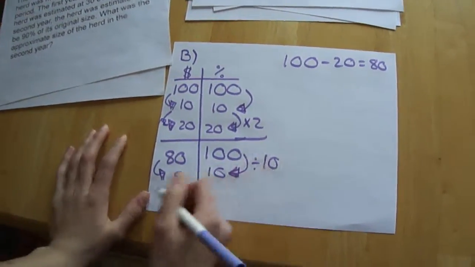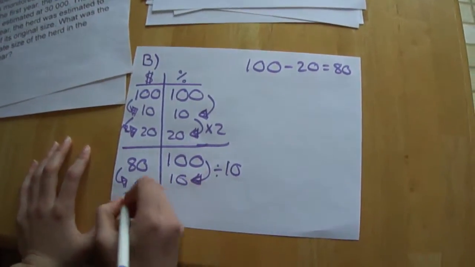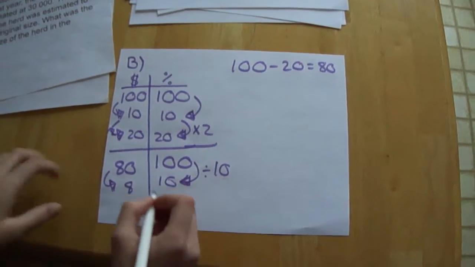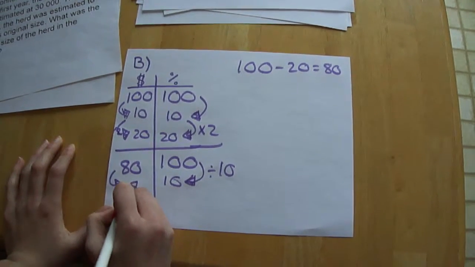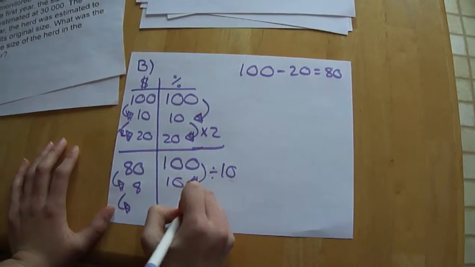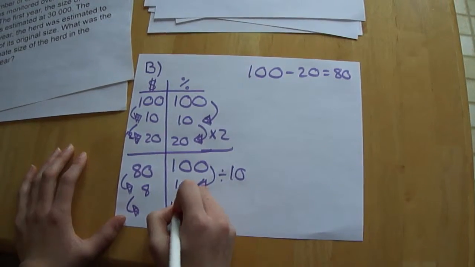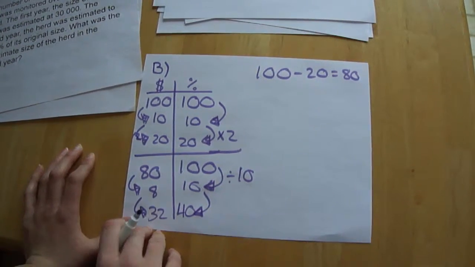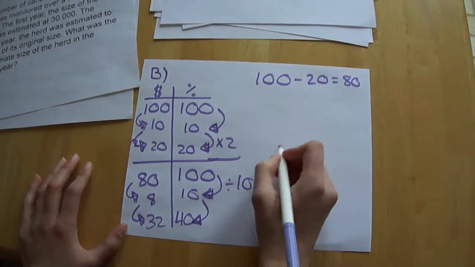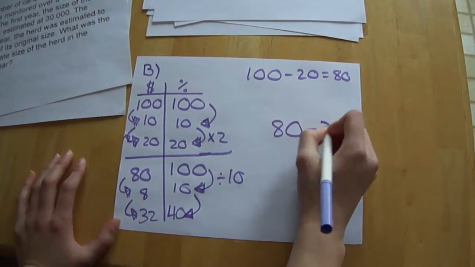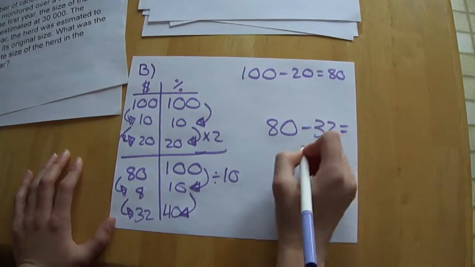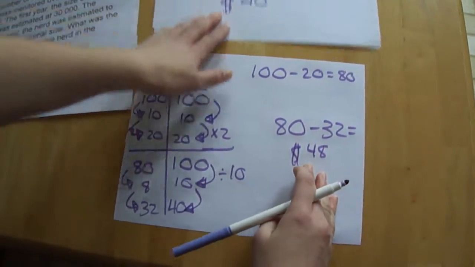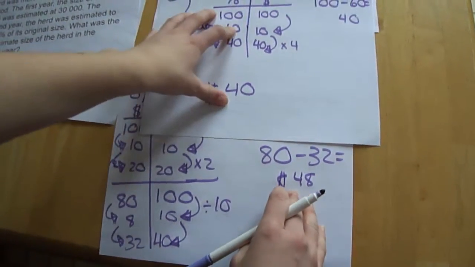From there, I now want to multiply that by 4 to get 40% of my price. This side being 40, this side being 32. From there, I'm going to minus my $32 from my 80 to get $48. $48 on this one and $40 on this one makes option A a better deal.